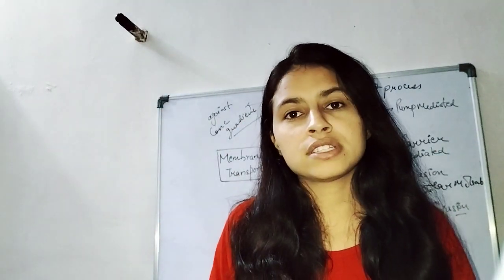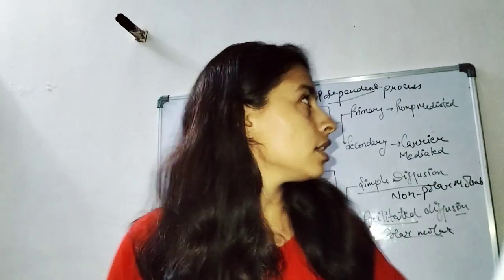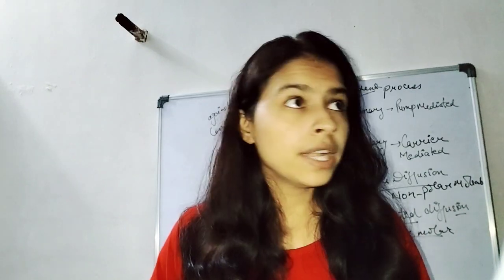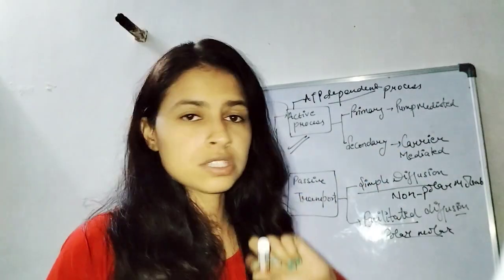Primary active process is a pump mediated process. Okay. Secondly, the primary active process is also defined as an active process, where there is movement of molecules or ions from low concentration to high concentration. But the secondary active process is a carrier mediated process.